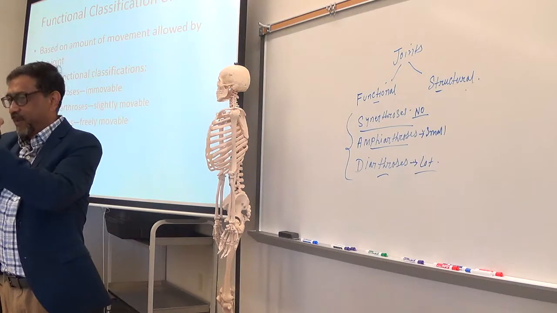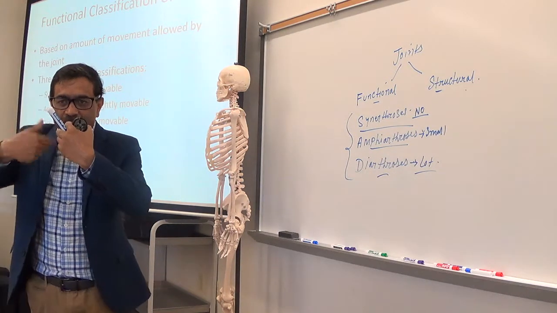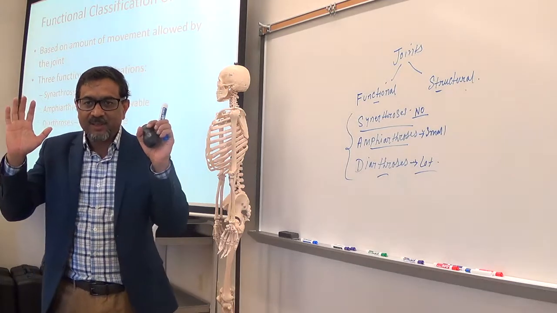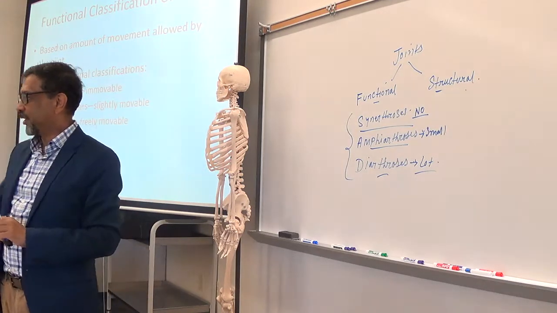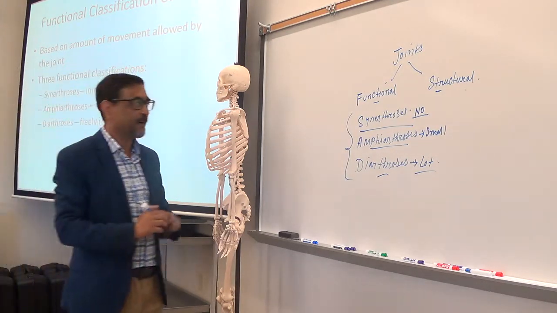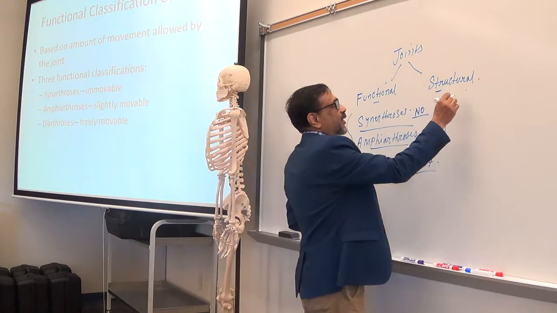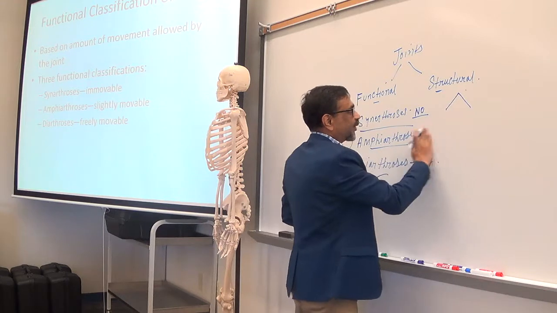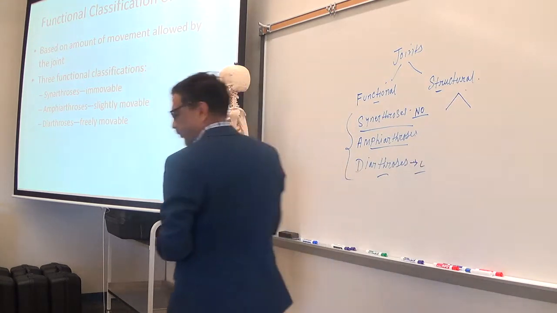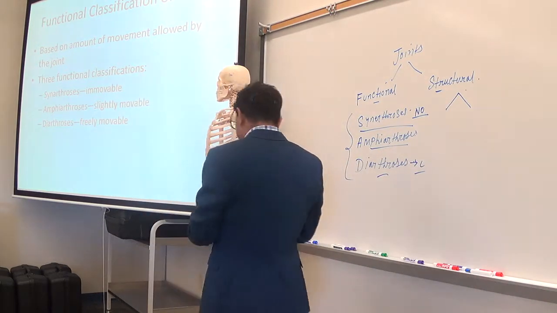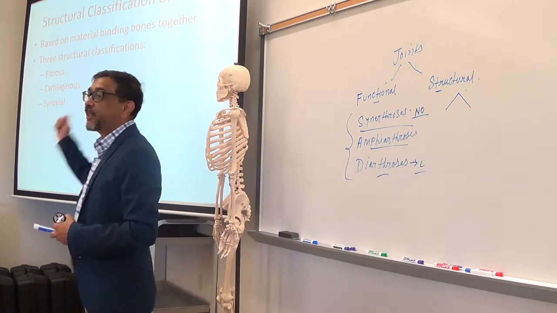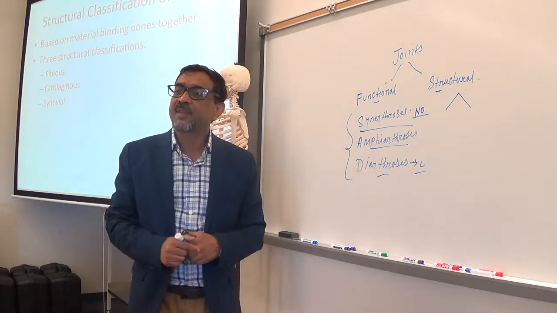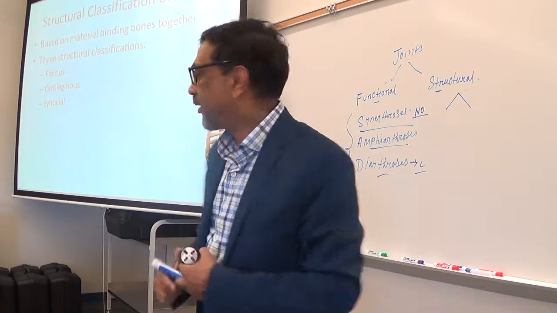In between the bones, what kind of structure is there? Make sense? That is structural. It does not depend on the movement. So structural could be two types, fibrous and cartilaginous. Sorry, three types: fibrous, cartilaginous, and another type is synovial.